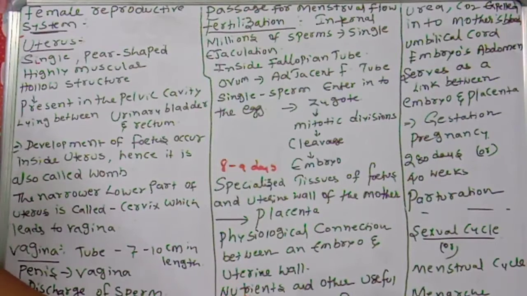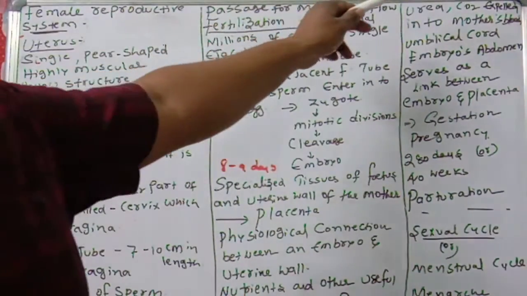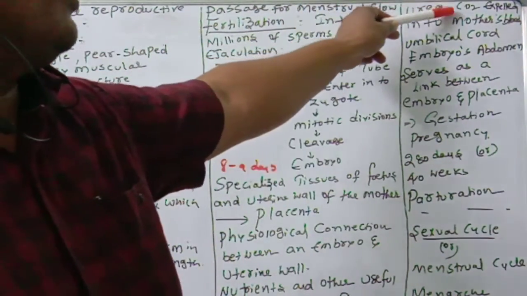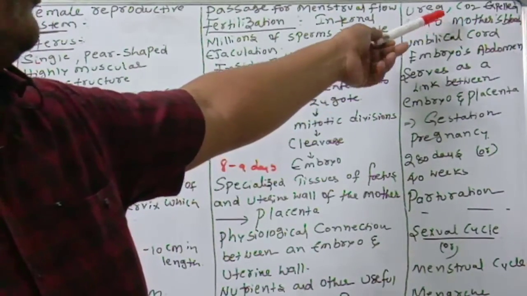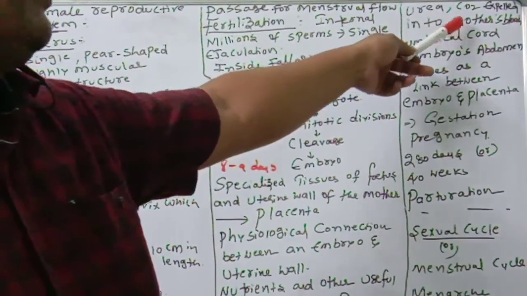It transports nutrients and other useful substances from the mother's blood to the fetus. Very important points, listen: urea and carbon dioxide are expelled from the fetus into the mother's blood.